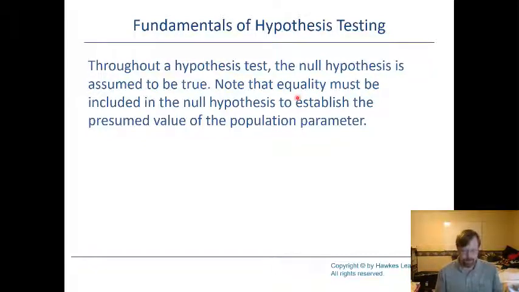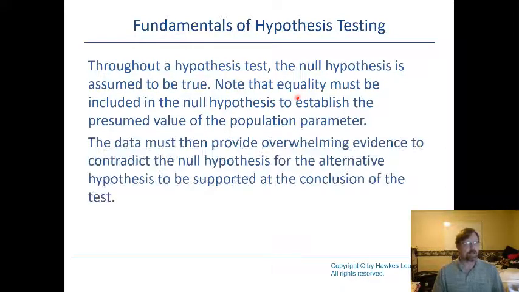The first example will show exactly what we mean by that. So we're trying to see whether or not we can reject the null hypothesis. The data that we come up with has to provide enough evidence to reject the null hypothesis, and it needs to be overwhelming evidence. Usually you want it to be a 5% or less chance that the null hypothesis could explain your data.